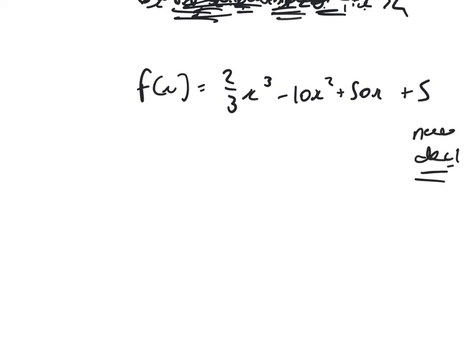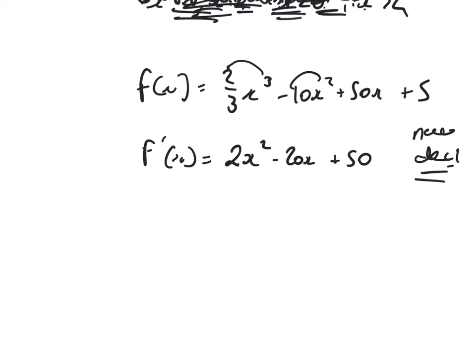Okay, so if it's never decreasing, then the gradient, which is f dash x, will always be greater than or equal to 0. So let's first of all differentiate to get the gradient. 3 times 2 is 6, 6 divided by 3 is 2, so that's going to be 2x squared minus 20x plus 50. Okay, let's take out a common factor: 2 bracket x squared minus 10x plus 25.